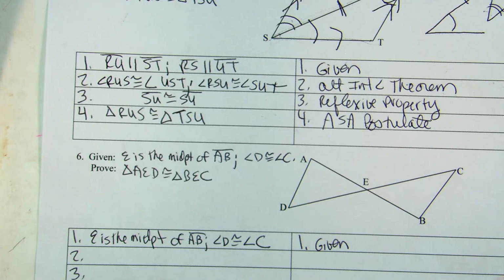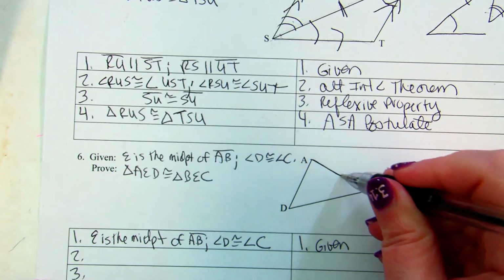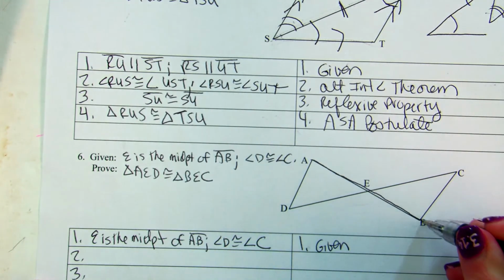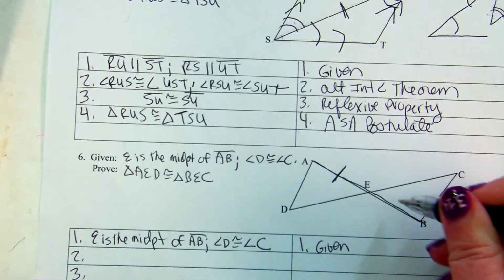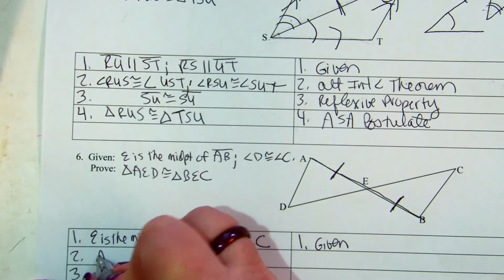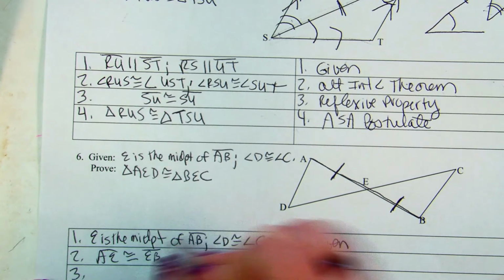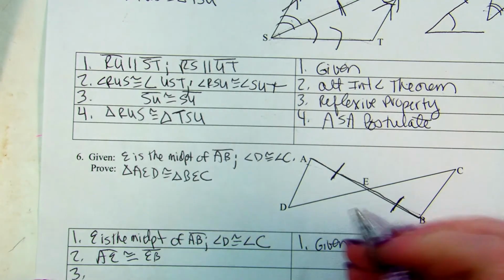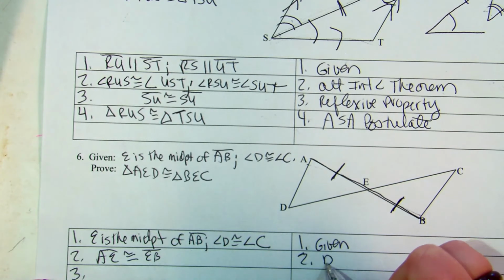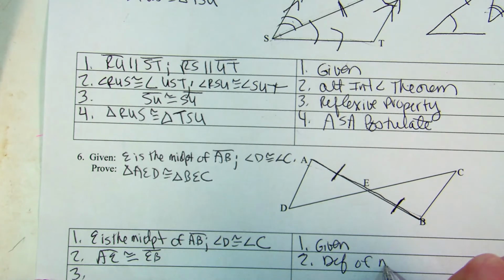So we have E is the midpoint of AB, just this one, not the other one. So the 2 segments that are congruent are AE is congruent to EB. AE and EB, definition of midpoint.